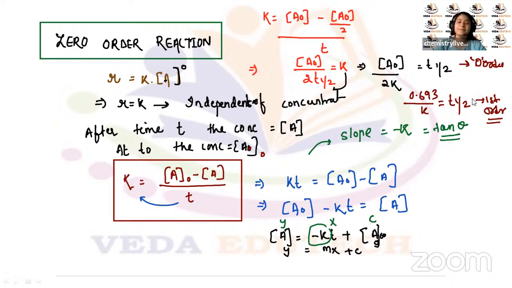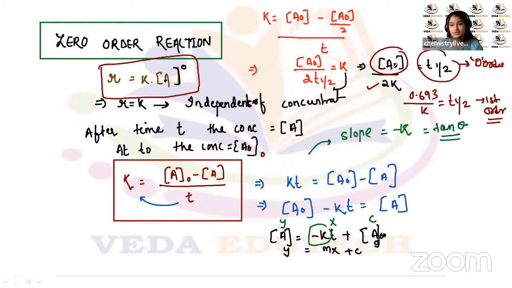In terms of concentration, your zero order rate is independent of concentration, but t half depends on your initial concentration. But in case of first order reaction, your t half is independent of concentration, whereas the rate of reaction depends upon the concentration, right? So these are the few things that you needed to know.